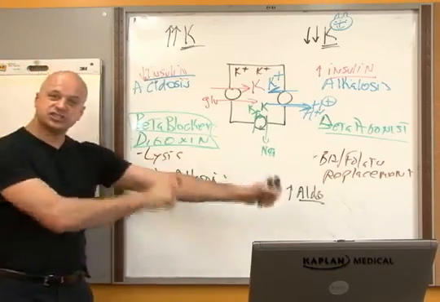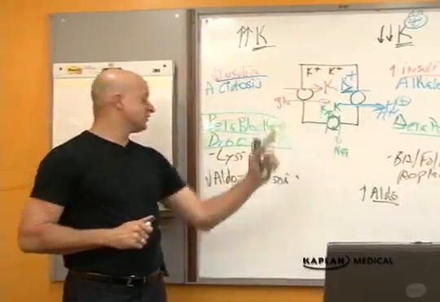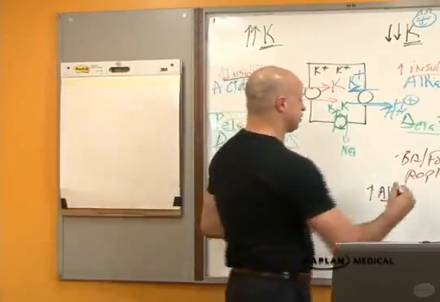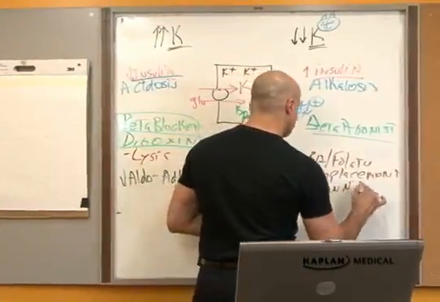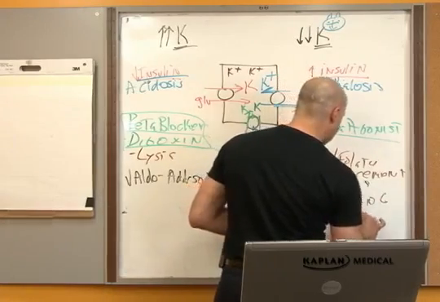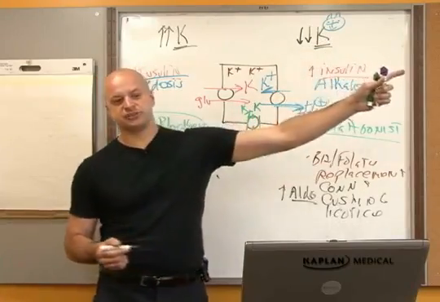Addison's is because aldosterone makes you retain sodium and excrete potassium and hydrogen ions. If you don't have aldosterone, you retain hydrogen ions. Aldosterone, Conn's, Cushing's, licorice: all this extra aldosterone makes you excrete potassium.